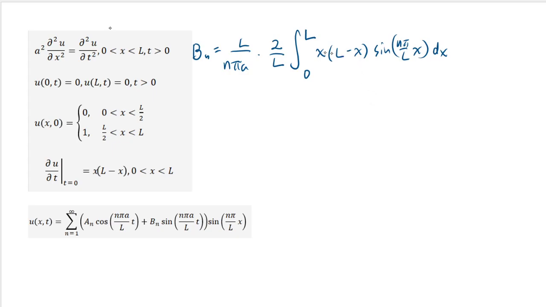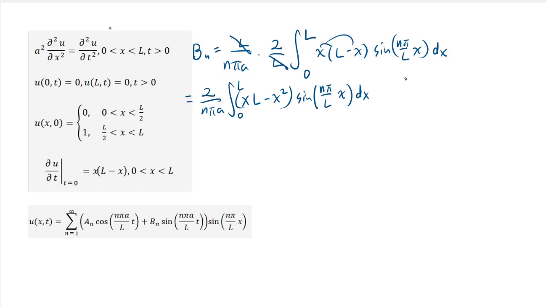So that's what you have to do. And then you can cancel these two and just simplify this as 2 over n pi a. So here's what we need. 2 over n pi a of integral from 0 to L of, well, I can multiply this out, right? So it's x times L minus x squared. And then sine n pi over L x dx.